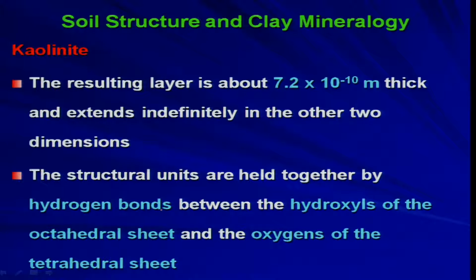So, the hydrogen bond will be formed between these octahedral sheet hydroxyls and the oxygens of the tetrahedral sheet. In the tetrahedral sheet, at the tip you have the oxygen atoms. So, they will be forming some hydrogen bond and then they will be stacked together to form the kaolinite structure.